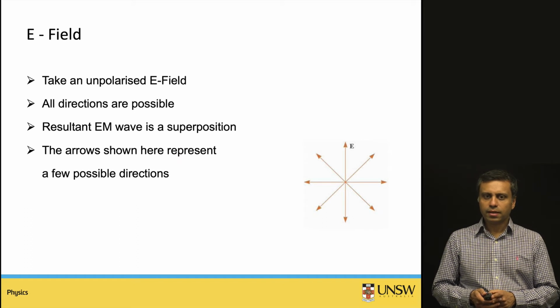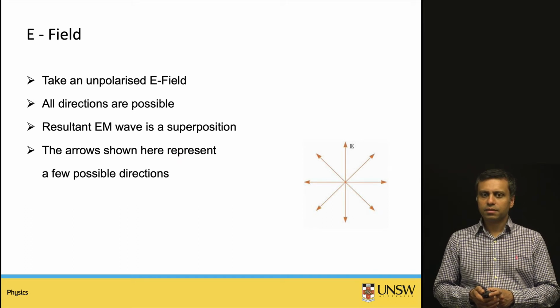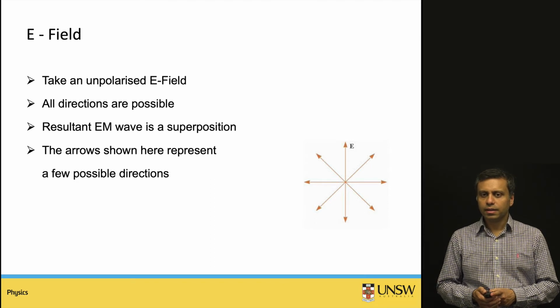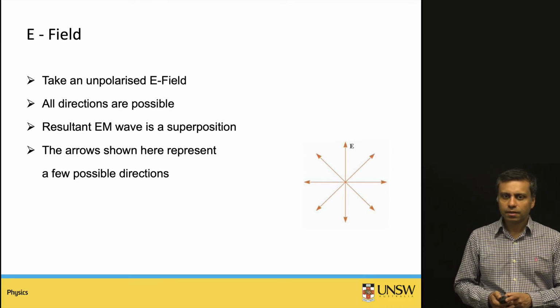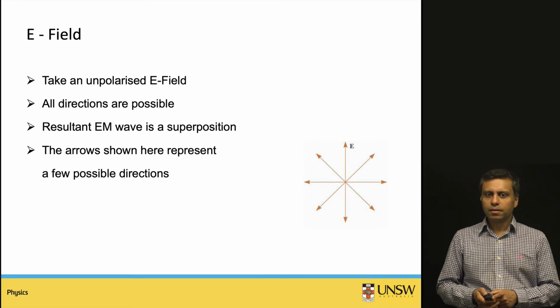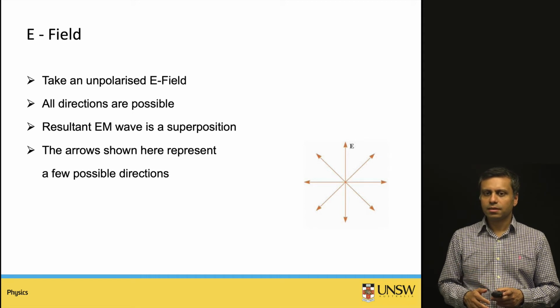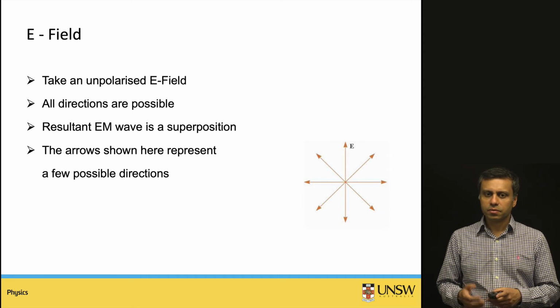Now let us take an unpolarized E field. The arrows here are showing that there are different planes of oscillation involved. All directions are possible. The resultant EM wave is a superposition of all these different wave components.